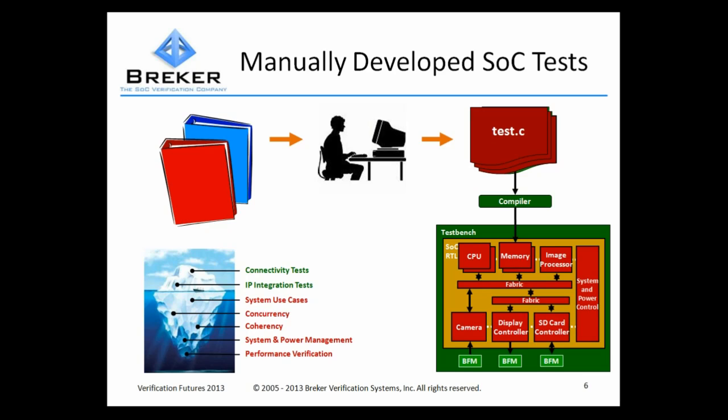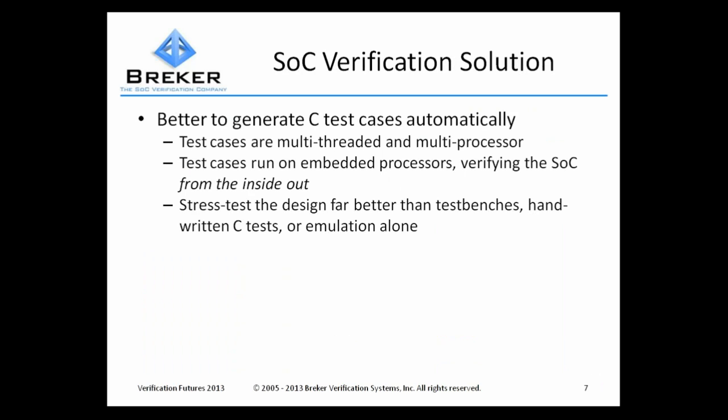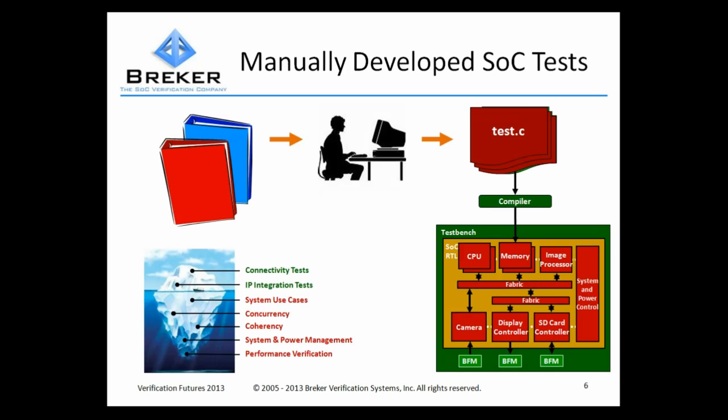Then you put them through the compiler, load them into your memory, and let it run. But here you have a lot of limitations. One is that you are typically not able to generate a lot of test cases. You generate only for these two, and you don't run too many of the system-level scenarios which are required for a SOC.